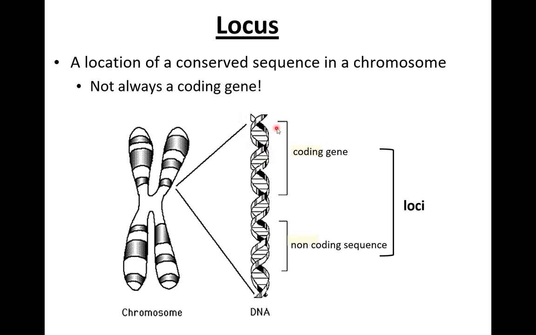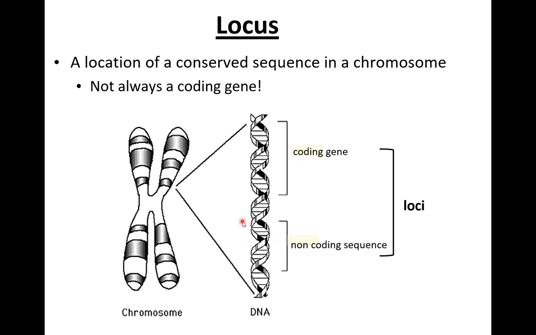Oftentimes we talk about loci or locus when we talk about coding genes, right? If this is the sequence in this chromosome that codes for a specific protein, this will be a coding gene, which exists in different alleles, one from the mother, one from the father, and so on. But there are other sequences that do not code for genes. They are still conserved, right?